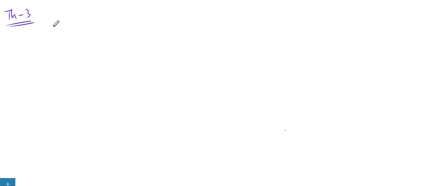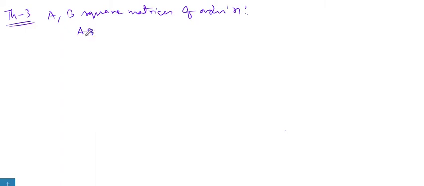Theorem 3 says if A and B are square matrices of the same order, both of order n, then the determinant value of AB would be the determinant value of A into the determinant value of B. So what does this theorem say?